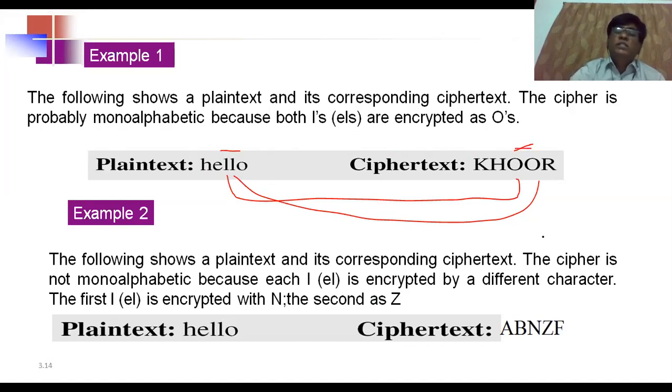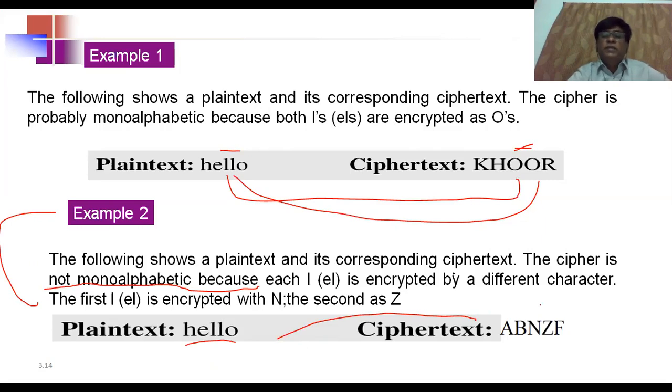Suppose this is another example. This is a cipher which is not monoalphabetic. This second example shows a case of not monoalphabetic, because the plain text is hello, and its equivalent cipher text is ABNZF.